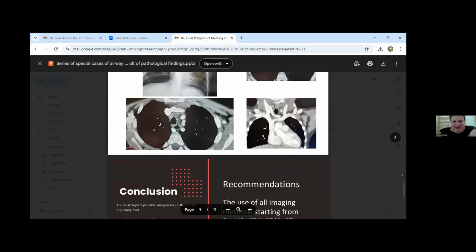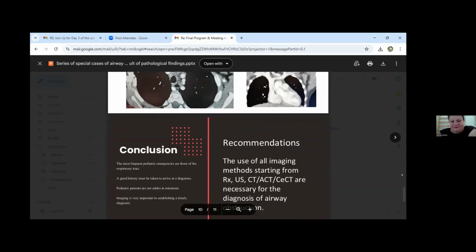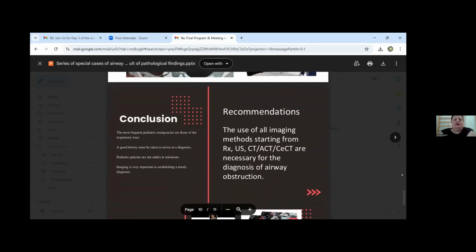In conclusion, the most frequent pediatric emergency errors are those of the respiratory tract. A good history must be taken to arrive at a diagnosis, because sometimes we have misdiagnoses from patients and from their parents, and this can postpone the diagnosis. The early diagnosis is very important in these cases.